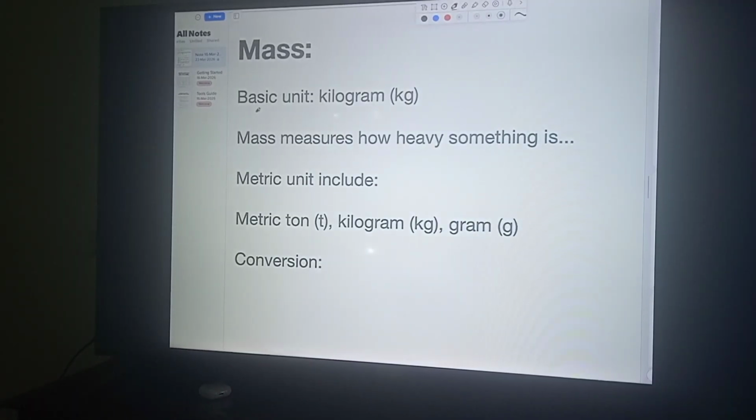Now come to the second category, that is mass. The basic unit of mass is kilogram. That is, we usually measure it in kg.